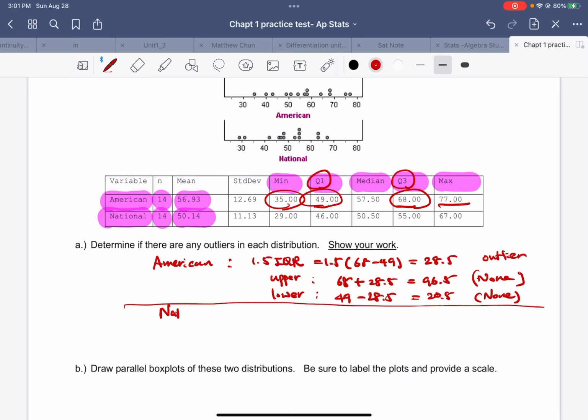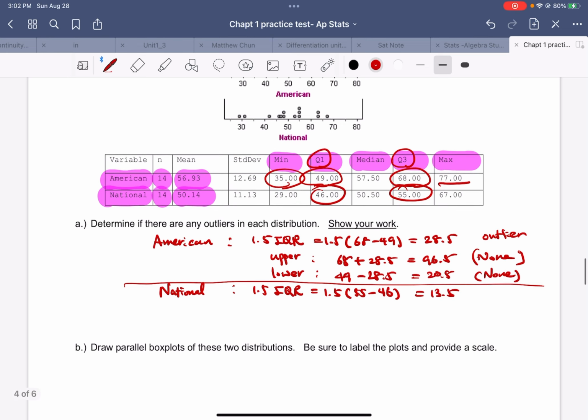What about the National League? Also, 1.5 times the interquartile range is 1.5 times the third quartile minus the first quartile. So 55 minus 46, and when you multiply it out, you get 13.5.